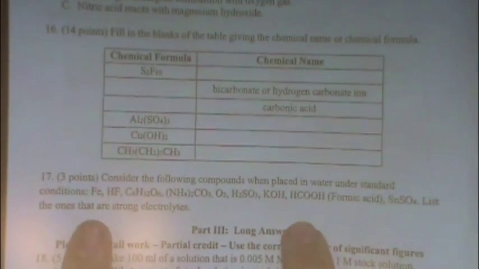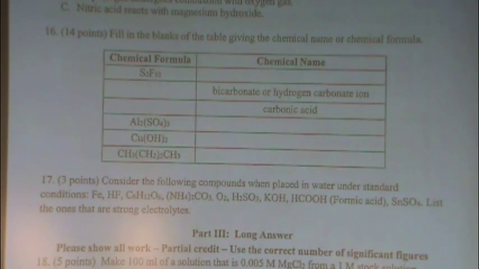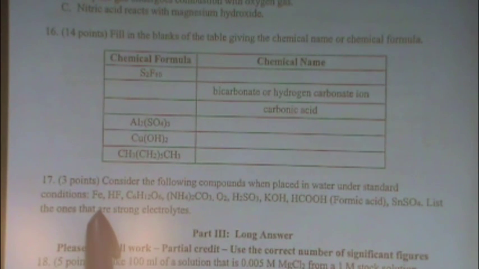Page 9. This thing right here? Okay. How do you know, list the ones that are strong electrolytes. Let's just go through. I'm looking under standard conditions, so I need to know their state symbols.